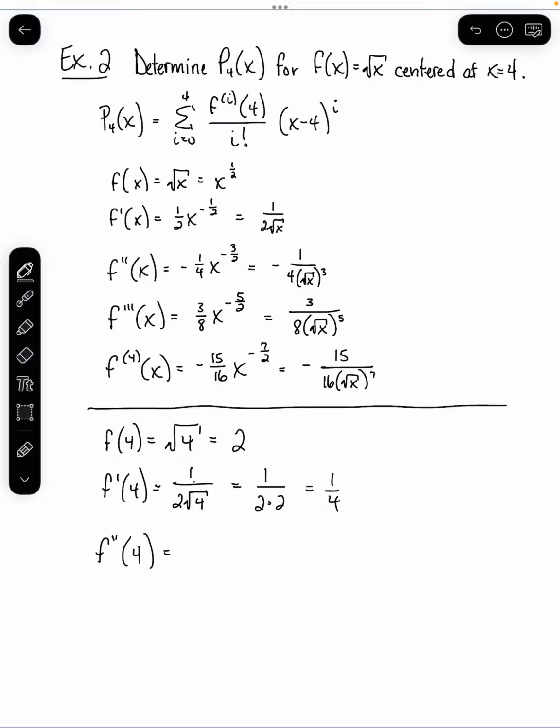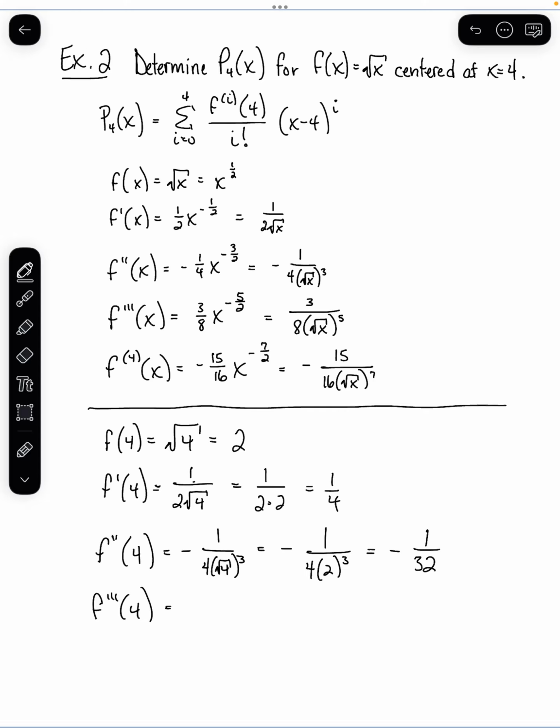We need the second derivative, which is negative 1 over 4 times the square root of 4 cubed. The square root of 4, of course, is 2, so then we have 1 over 4 times 2 cubed, which ends up being negative 1/32.